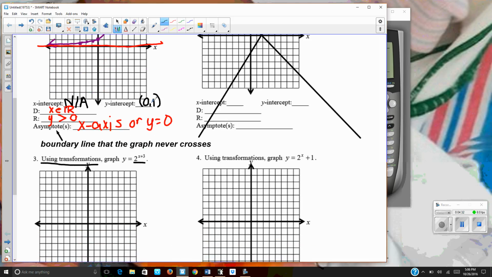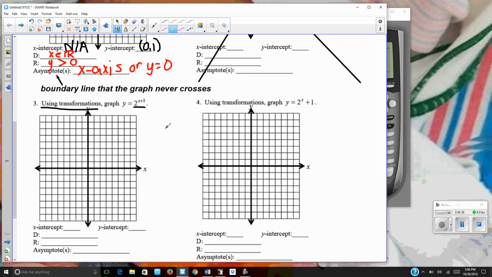So first, just in really light pen or pencil, and I'm actually going to use a yellow highlighter here, I'm going to regraph that parent function. These are just the points that we just graphed. And what we want to decide is, how does this function shift the parent function?